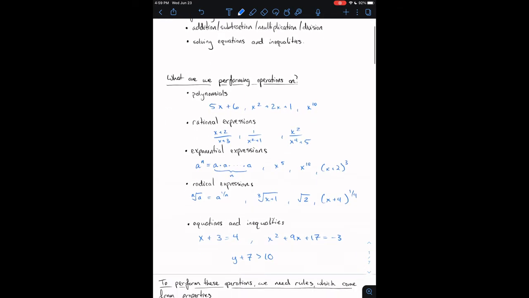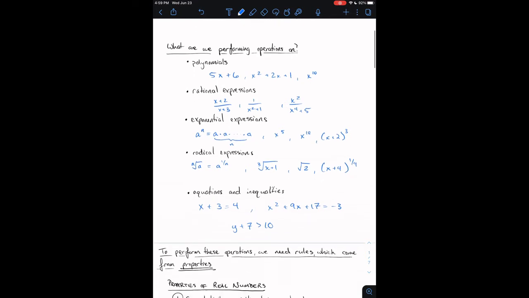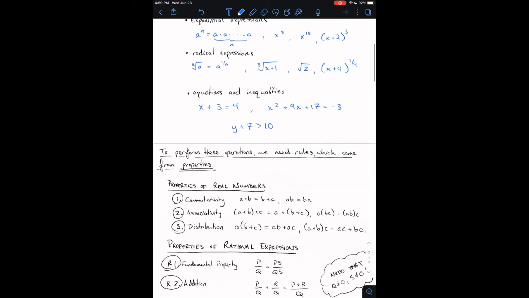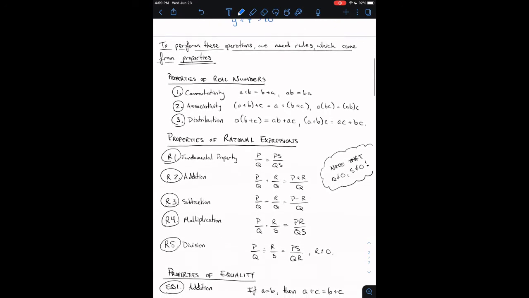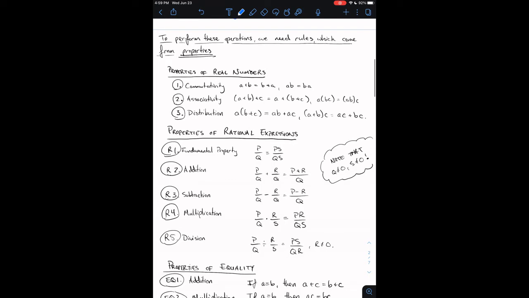Now, if we're going to perform operations on these things, we kind of need a set of rules. This is what I have, all these tables written out here, and we get all these rules from the properties of each individual kind of expression. I'm not going to spend a whole lot of time on this, but this is something that I think you should do.